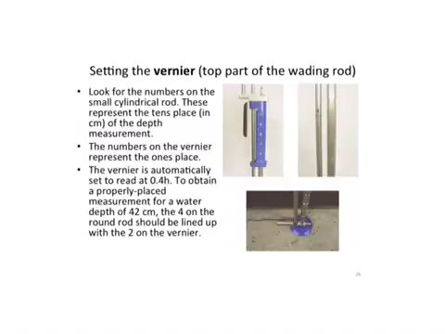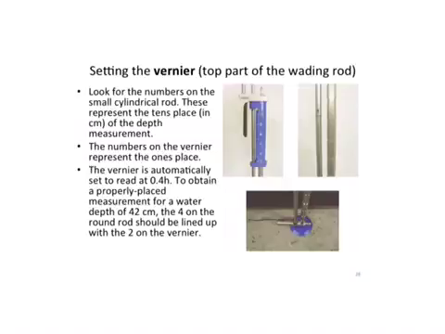So the top part of the weighting rod is called the vernier, and it is just a feature like what you see here that is marked with numbers. So once you measure the depth of the stream, you can match the number that's on the cylindrical rod up with a number that's on the vernier in order to set the depth of the instrument properly.